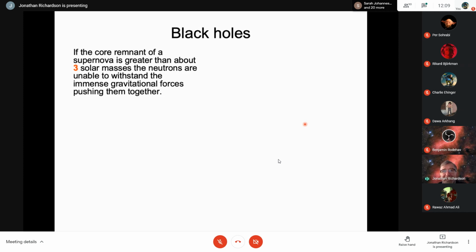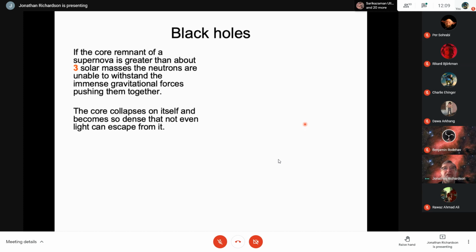And what will then happen is the core will collapse on itself. And the core becomes so dense that not even light can escape from this core.